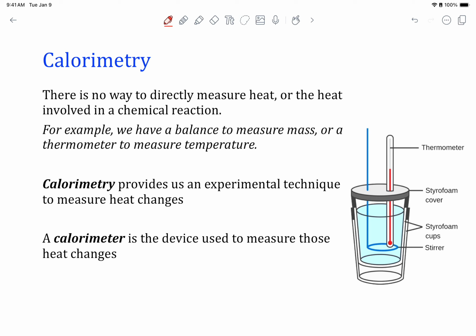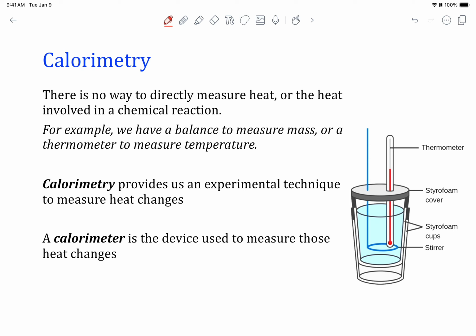But what we can do is we can use values to derive the heat, and the experimental technique to do that is called calorimetry. So calorimetry provides us with an experimental technique to measure heat changes using a thermometer, knowing mass, things like that, so that we can utilize that Q equals cm delta T equation.